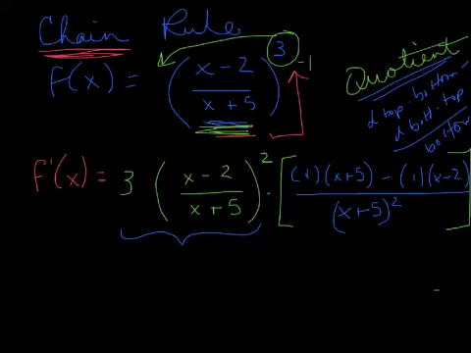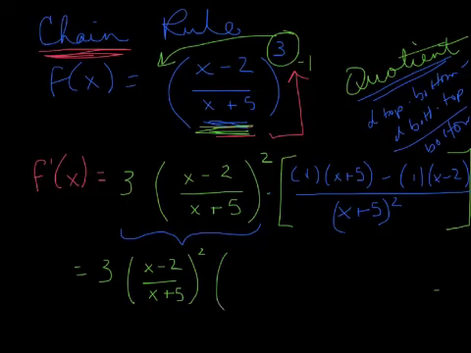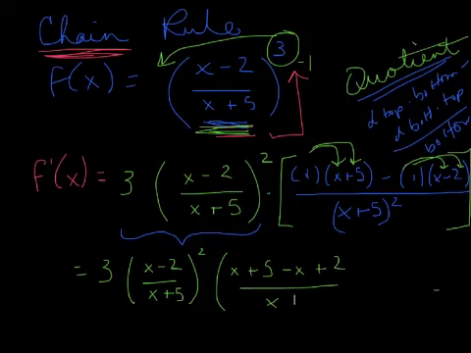So now we need to do some cleanup. So we have 3 times x minus 2 over x plus 5, all to the second power. Over here, technically you're distributing that 1, but that just gives you x plus 5. Over here, you're distributing a negative 1, which gives you negative x plus 2 in the numerator. And that's squared.